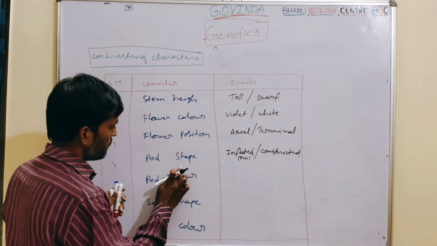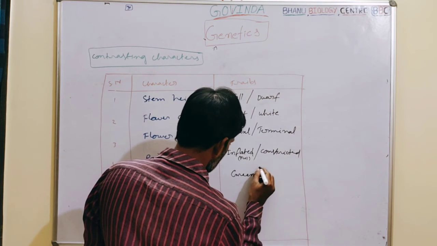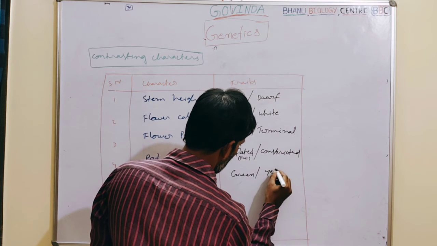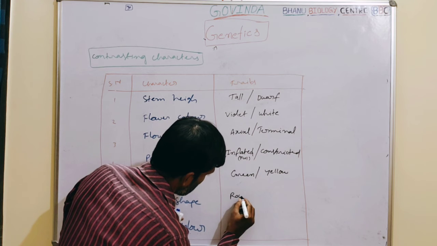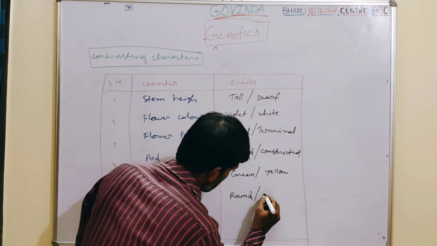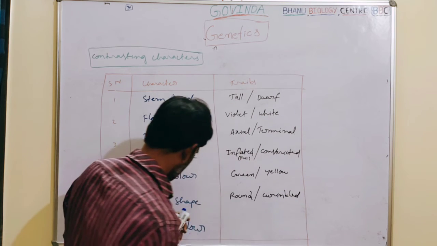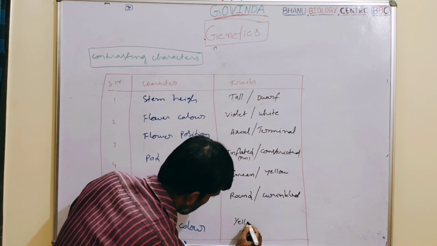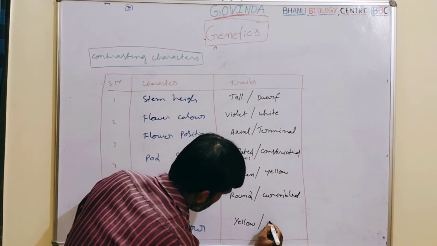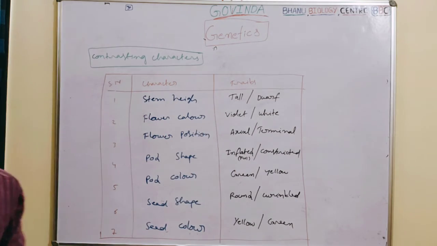Then pod color: green, then yellow. Seed shape: round, then wrinkled. Seed color: yellow and green.